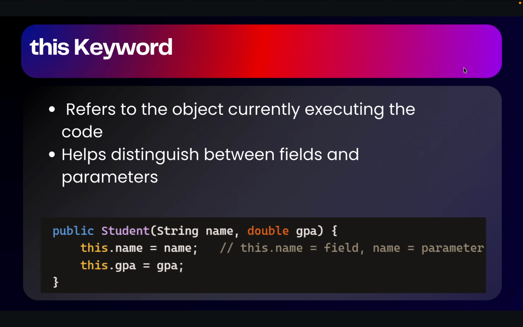So when you're using the this keyword, it's basically going to connect you back to that field you created outside of the constructor or outside of that method. It's the one that can be accessed from anywhere in the code. While the name on the end is just referring to the data value that's being passed into our constructor. So that's the difference there.